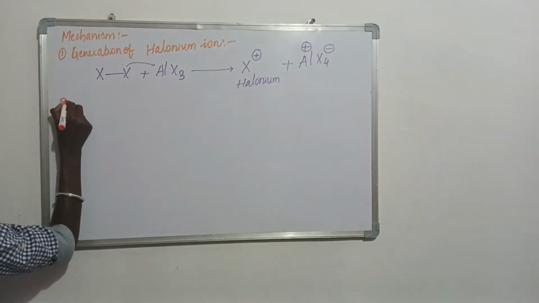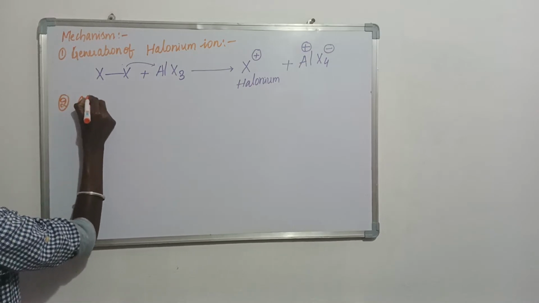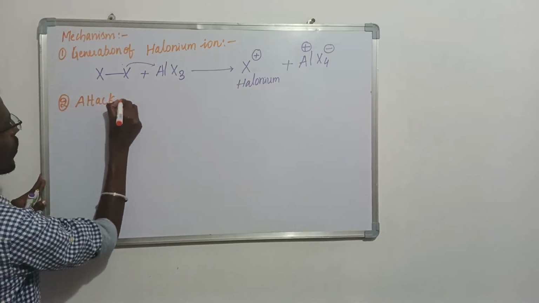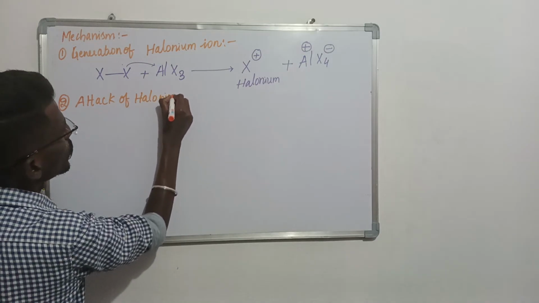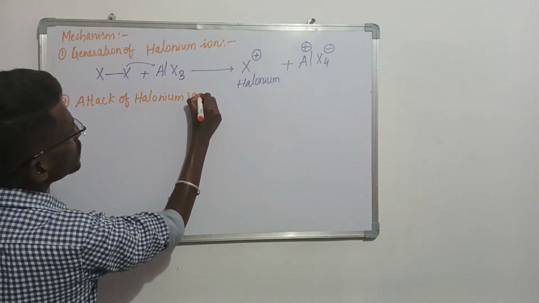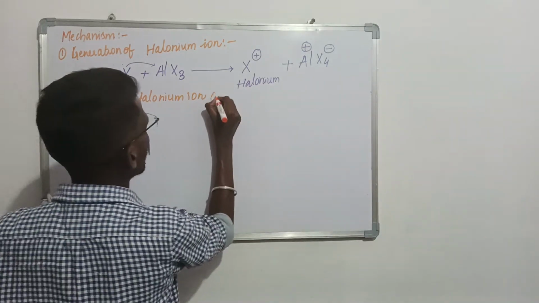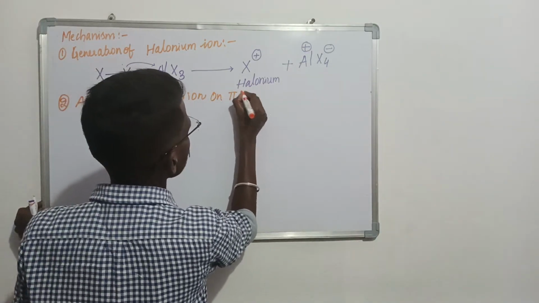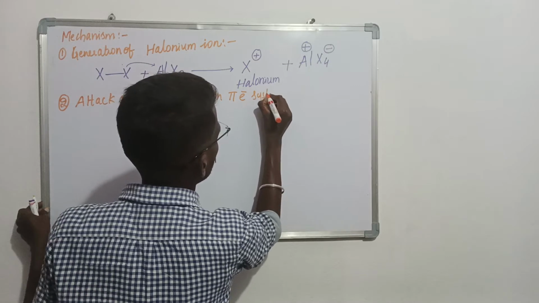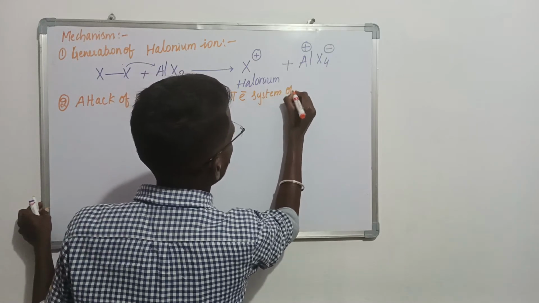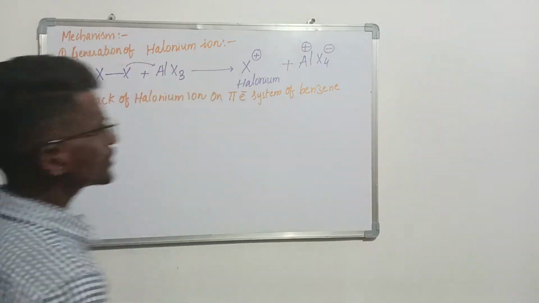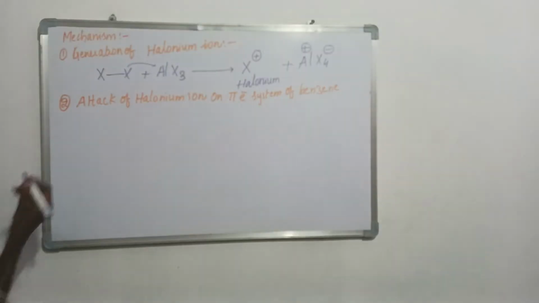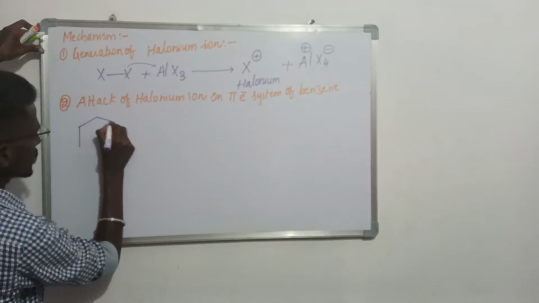In the second step, the attack of the halonium ion on the pi electron system of benzene. So the benzene structure will be like this.